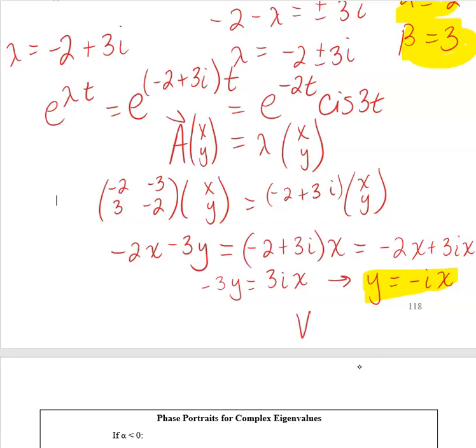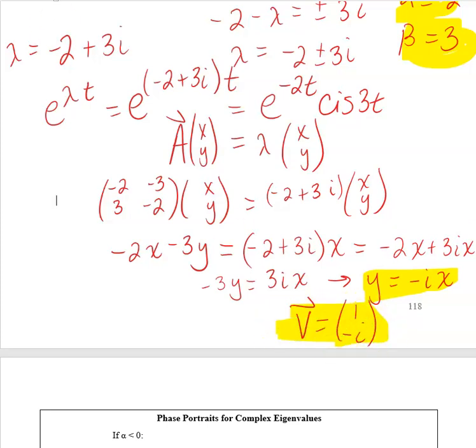Just like always, choose a value for x to start off. Try to pick something that makes the numbers not so bad to work with. I don't have any fractions here, so I'm just going to let x equal 1. So if x is 1, my corresponding y value would be -i. And that's the eigenvector that we're going to use as part of our solution.